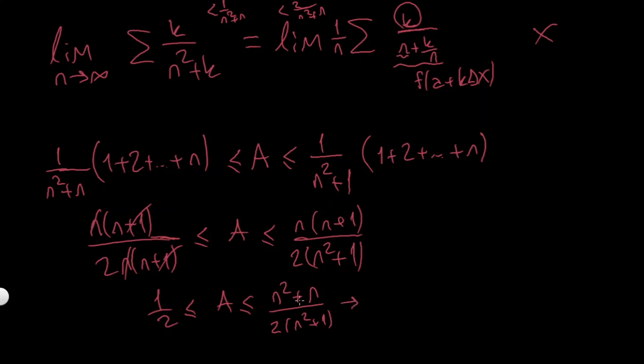So this thing will also converge to 1 over 2. So a is between 1 over 2 and something that is converging to 1 over 2. So if I take limits of all sides, the limit of a is going to be equal to 1 over 2. And this is my answer.